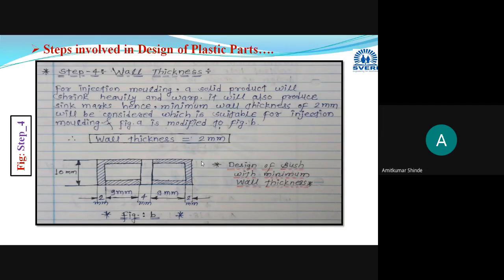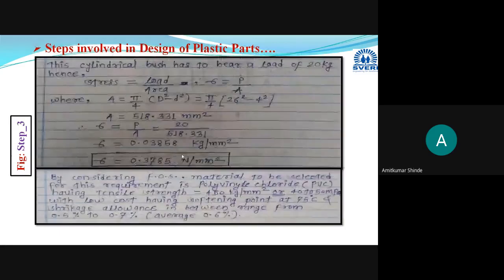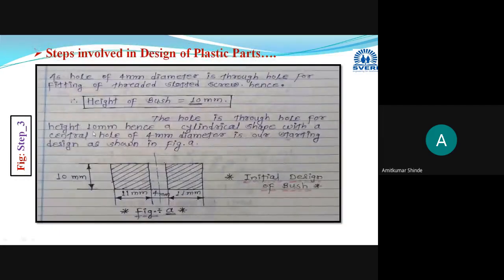Now suppose we manufacture this, which is our initial design, with this much portion solid in nature. This is a heavy solid section with only one small through hole. Then what will happen?